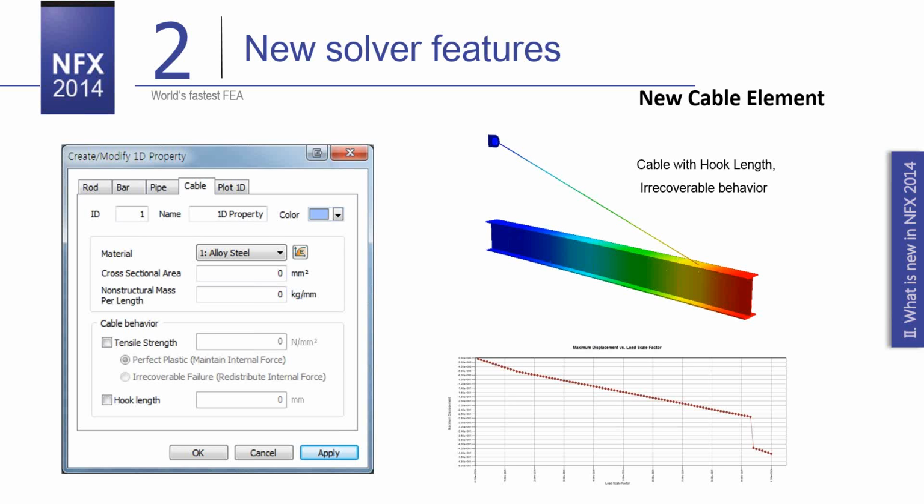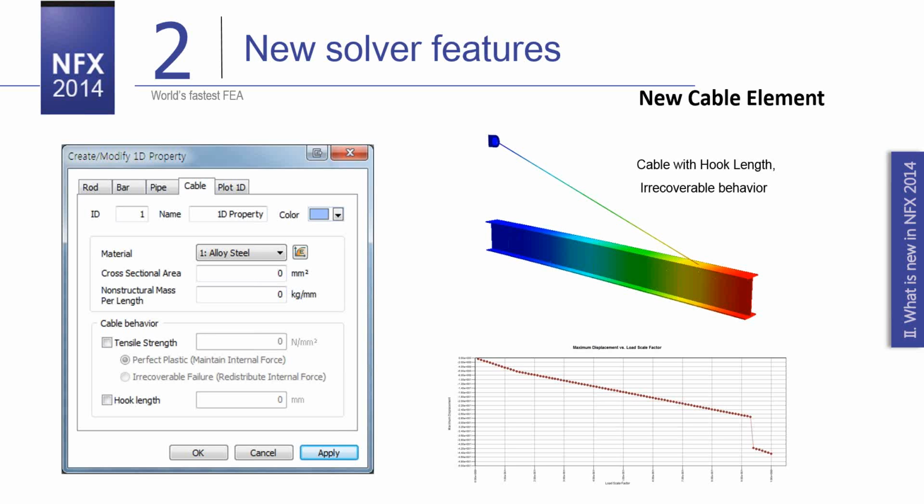When we consider perfect plastic, some portion of the internal force will be kept even beyond the tensile limit. The second option refers to the situation when the cable will be damaged totally and the internal force will be redistributed to the other cables.